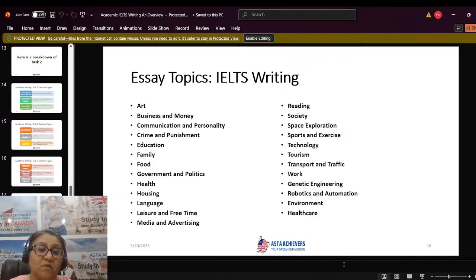One is art, business and money, communication and personality, crime and punishment, education, family, food, government and politics, health, housing, language, leisure and free time, media and advertising, reading, society, space exploration, sports and exercise, technology, tourism, transport and traffic, work, genetic engineering, robotics and automation, environment and healthcare.